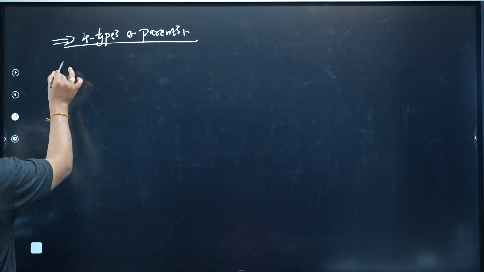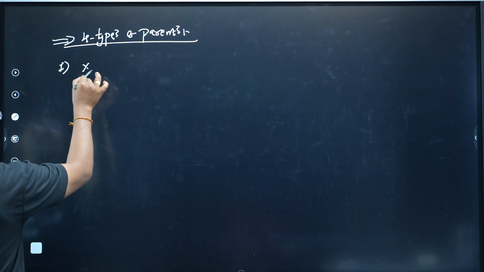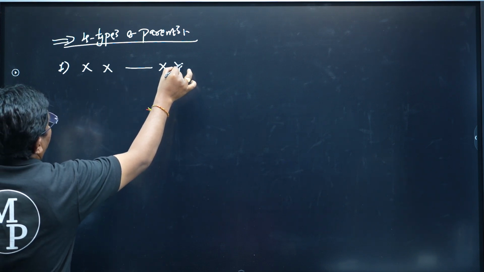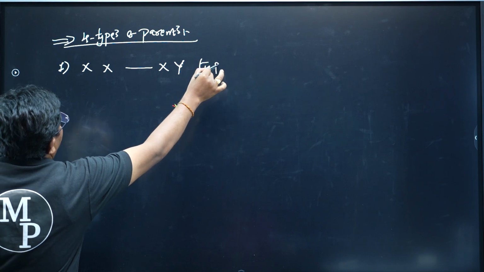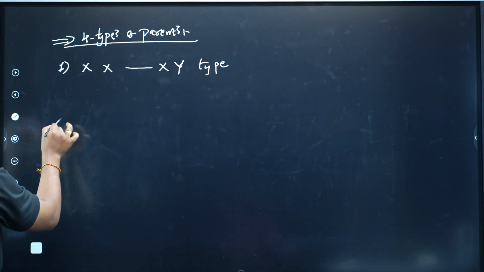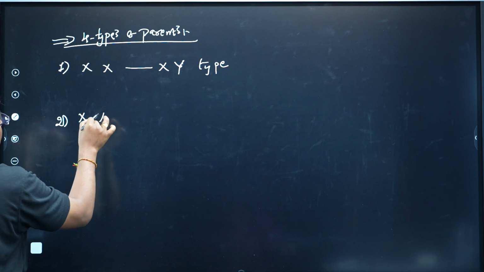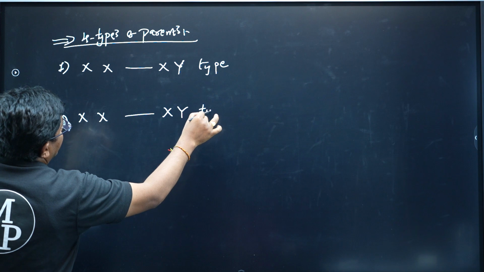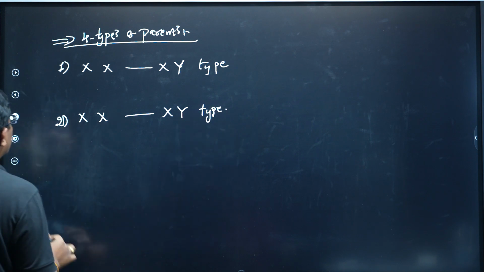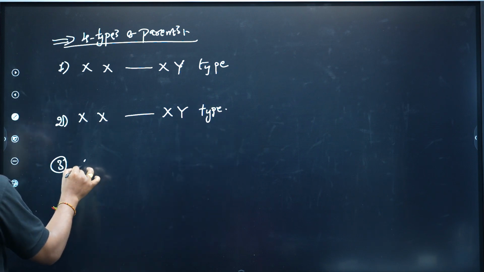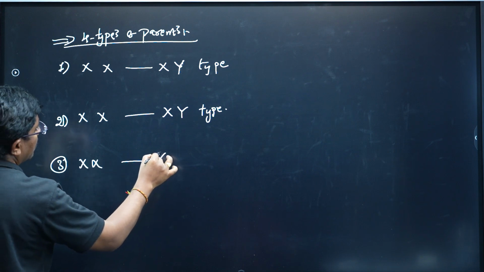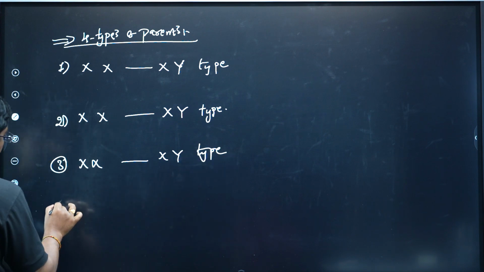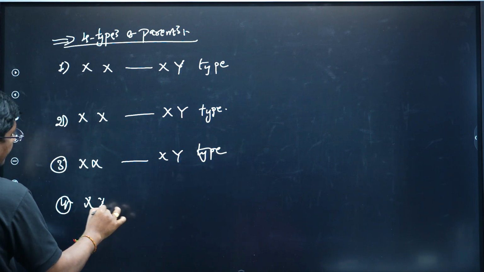In these 4 types of parents, one type of parents, X and Y type. First I'll write these karyotypes only. After that I'll mention the genes, means the trait on the X chromosomes. And next the third one, and next the fourth one.